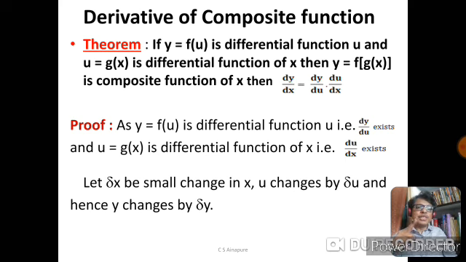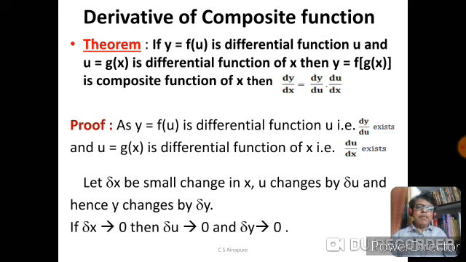So because of the change delta u in u, you must get some change in y, and it is denoted by delta y. So if this delta x is very small, then delta u will be very small and delta y will be very small. So simply we are getting, if delta x tends to 0, then delta u must tend to 0 and delta y must tend to 0. This is the first part, we must remember this in the proof. Now we will move to the next part.